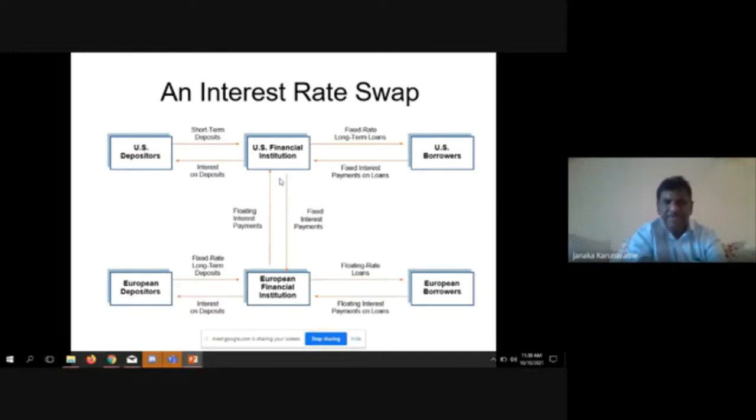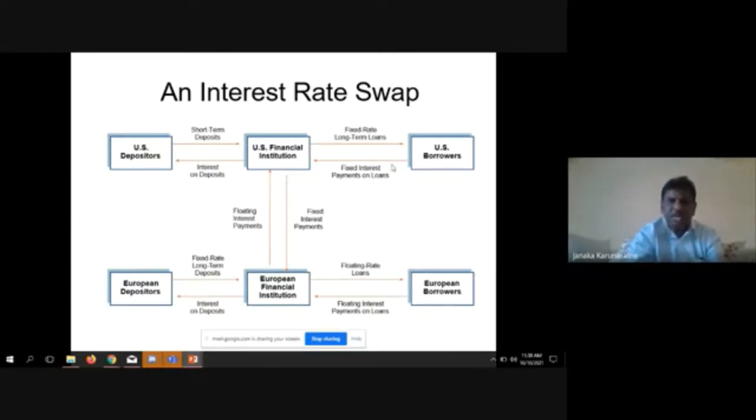So the US financial institution has a risk of interest rates rising, and the European financial institution has a risk of interest rates declining, because of different interest rate structures.